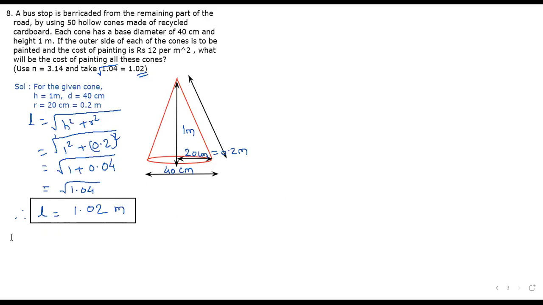And now, area to be painted is equal to CSA of the cone, outer CSA, since only outer dimensions are there with us, is equal to pi r L. Put the values, get the answer. 3.14 is pi, radius 0.2 and length 1.02.